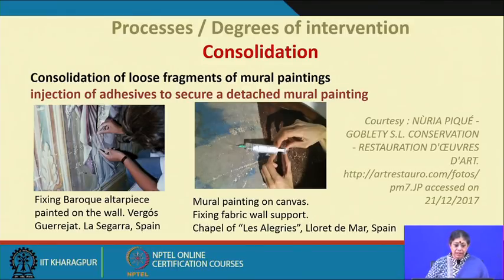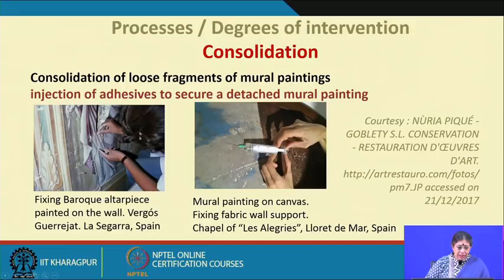It is essential to fix those loose fragments to the original surface by putting some adhesive behind them, so that they continue in place. There will be some marks and fragments, but it will still be the original.